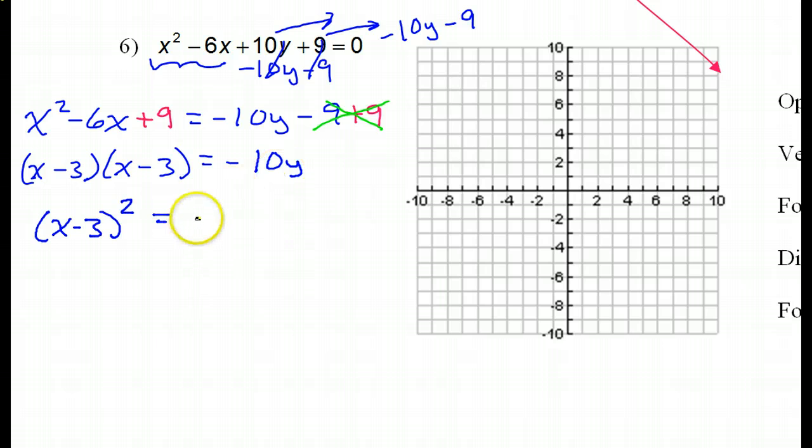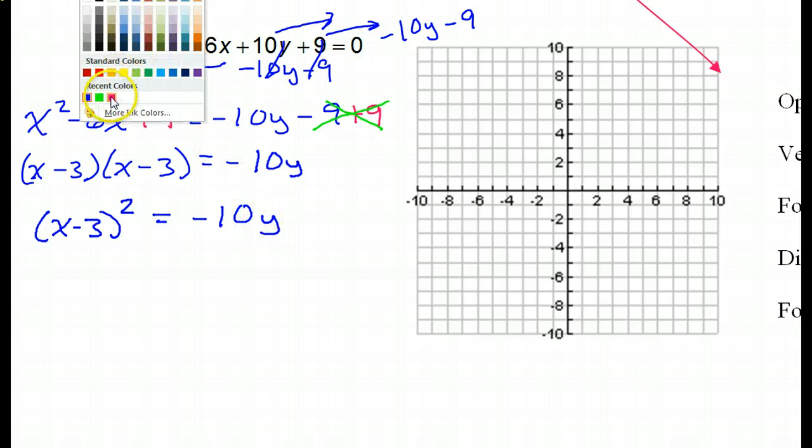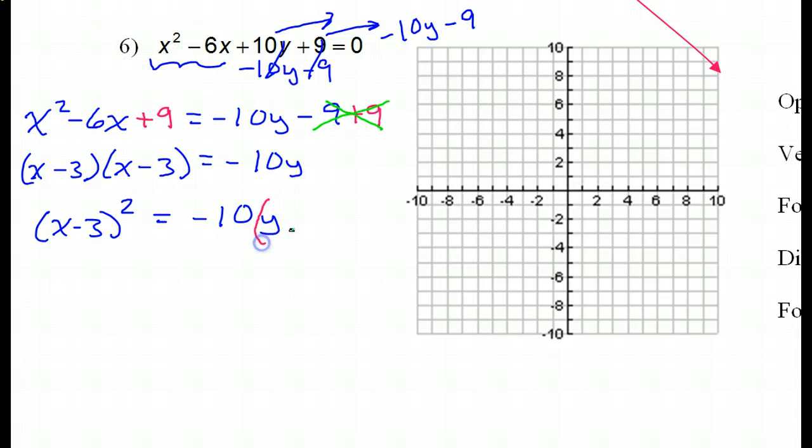Normally I'd do something with the GCF here, but there's only the one term, so I'm just going to bring it down. When you look at this, you should be thinking it's like having y minus 0. That's what you'll be looking at when you do your vertex.